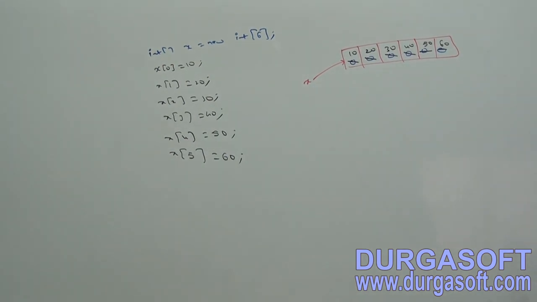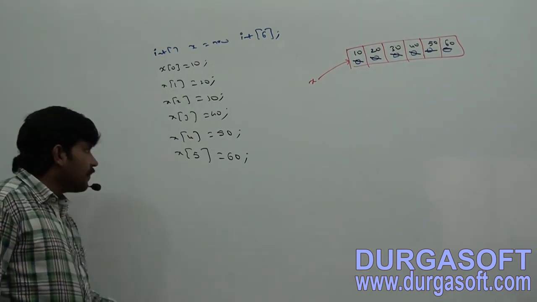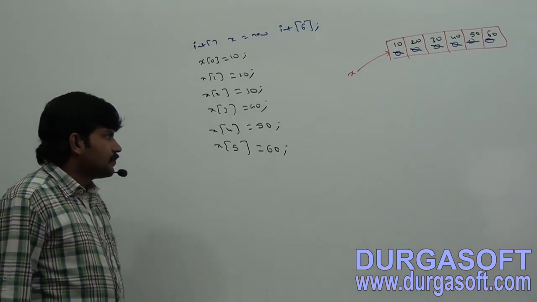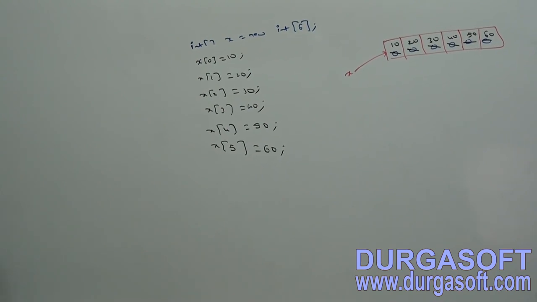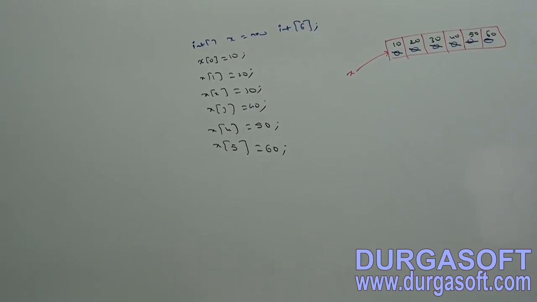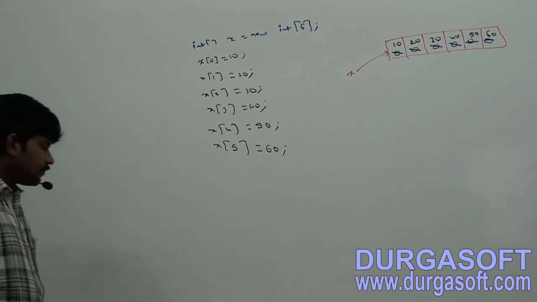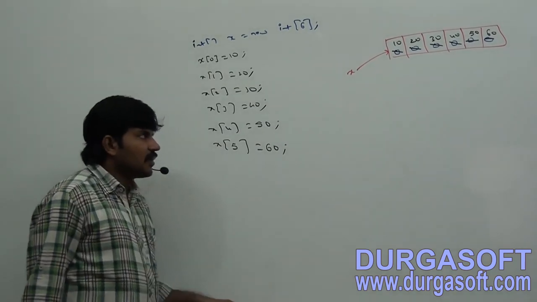X of 3 is equal to 40. X of 4, 50. X of 5, 60. Better to take it clearly, right? Can I complete it, right? Okay, so better to take that diagram also.